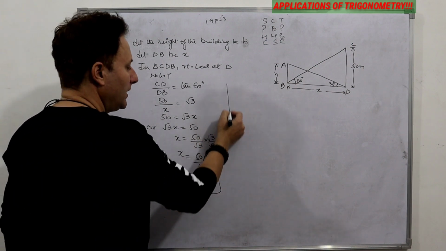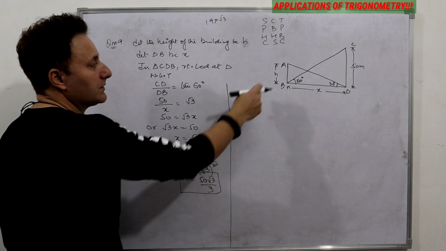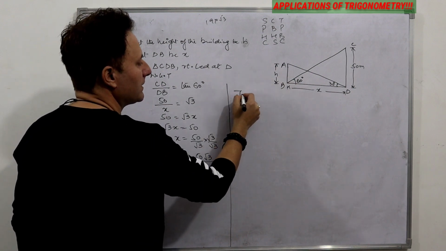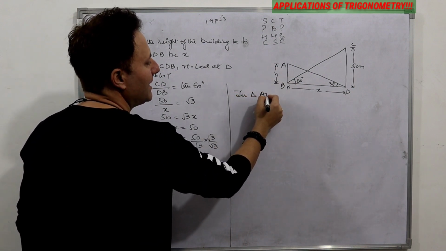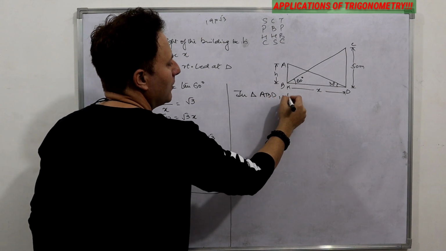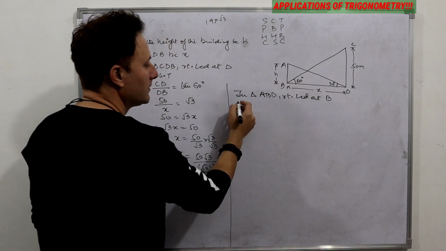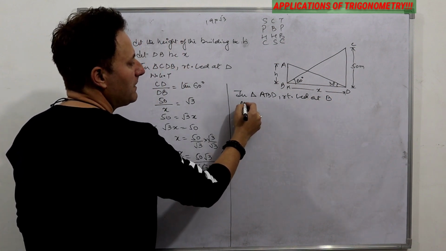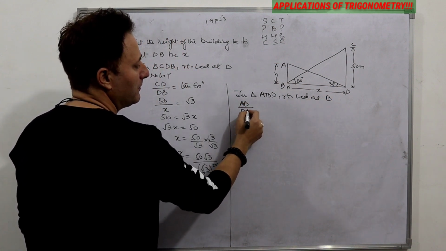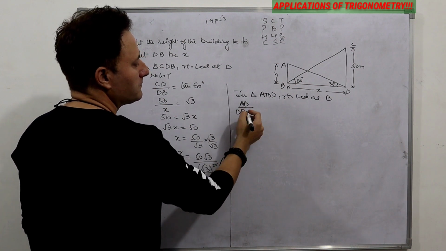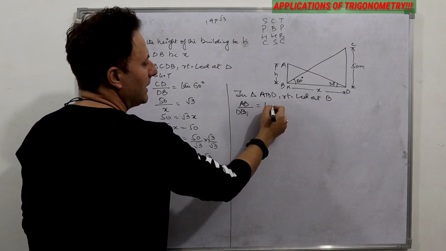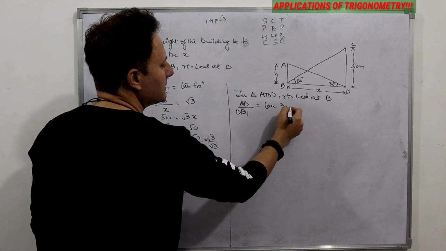Now I am searching for this thing. So let's take another triangle. In triangle ABD, right angled at B, AB upon DB is tan and the angle is 30.